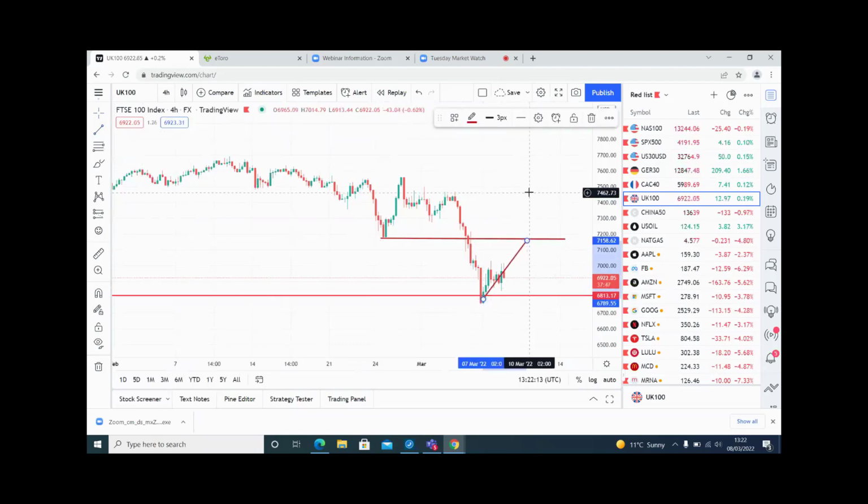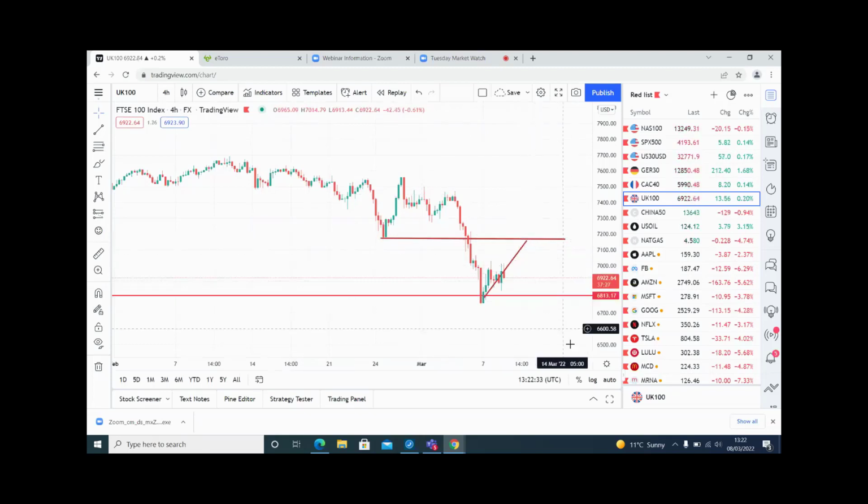And if that popped up there, would that be a good area to place a trade? And if we get nice price action, we'd be looking for this to short, wouldn't we? We'd be looking for this to continue dropping. The break and then the retest.